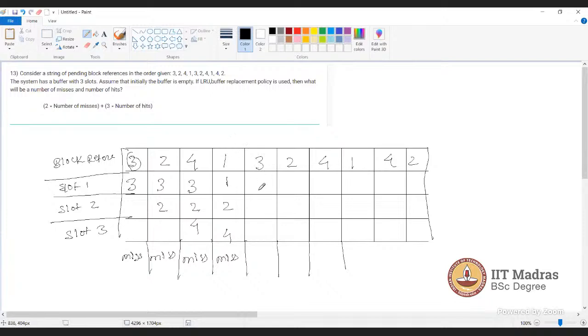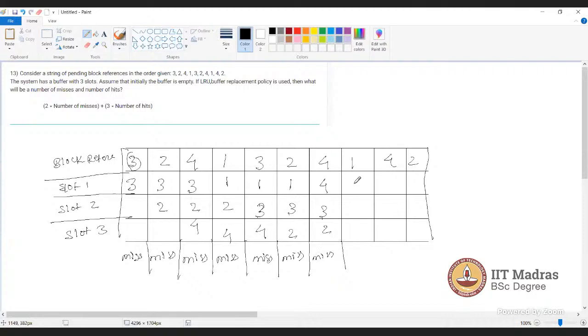So 1, 3, and 4, miss. Then insert 4, remove 4 as per the order: 1, 3, 2, miss. Then insert 4: 4, 3, 2, miss.